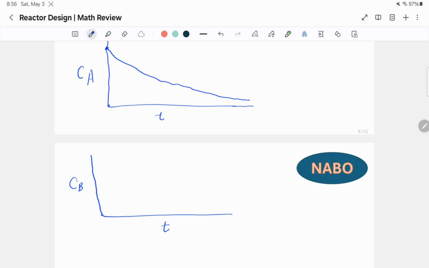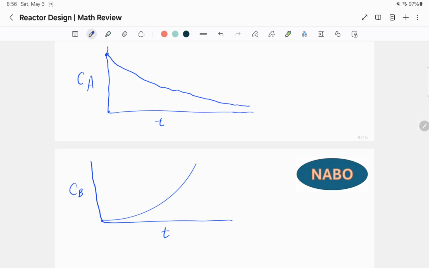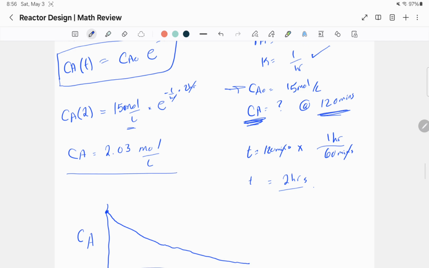But as time goes on, we'll notice an increase in the concentration of B until the reaction stops, and then there's no more B produced. So your answer does make sense.